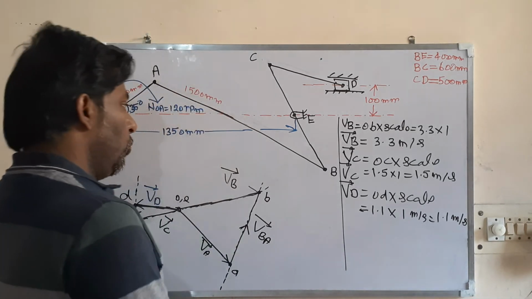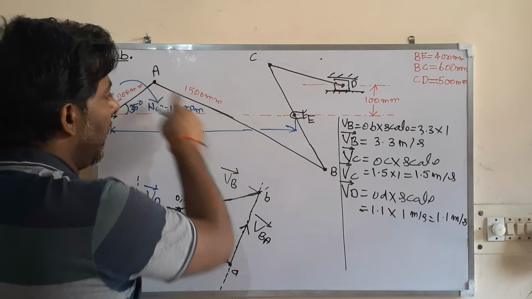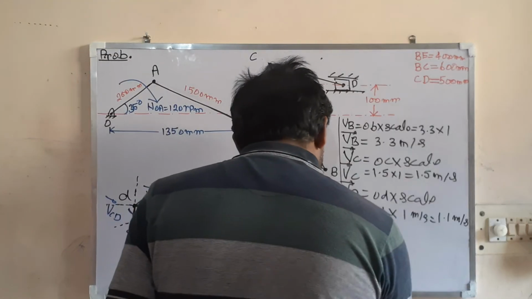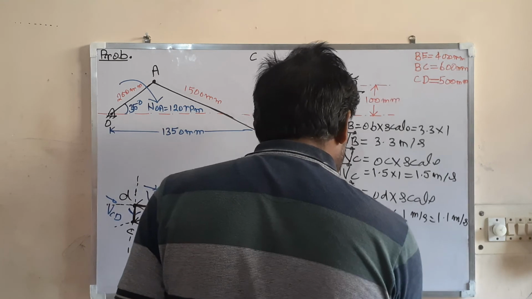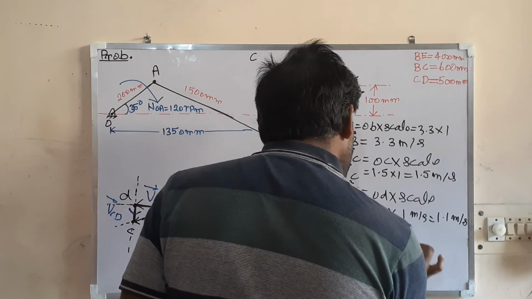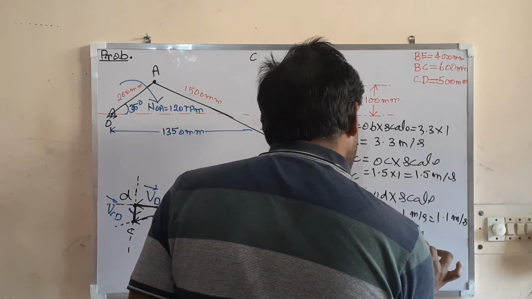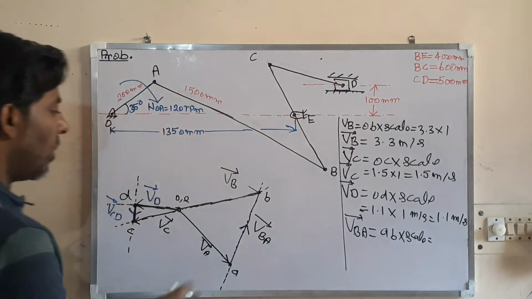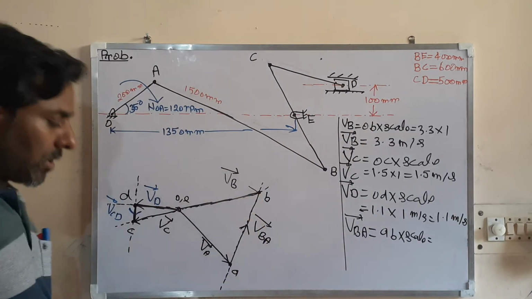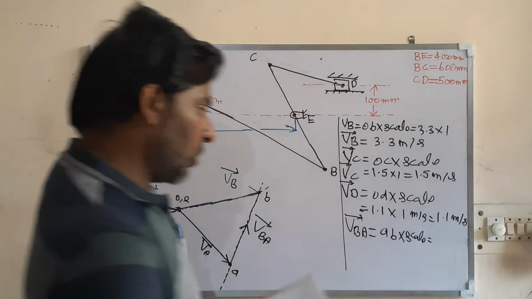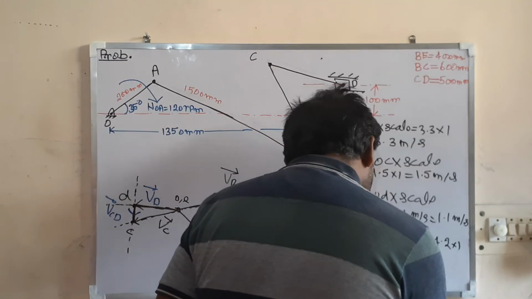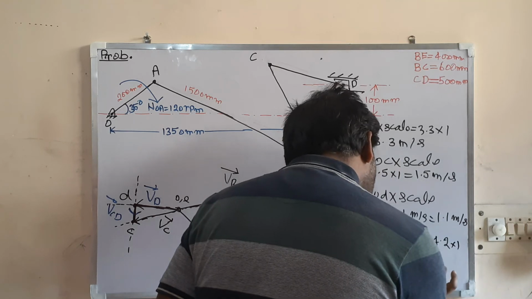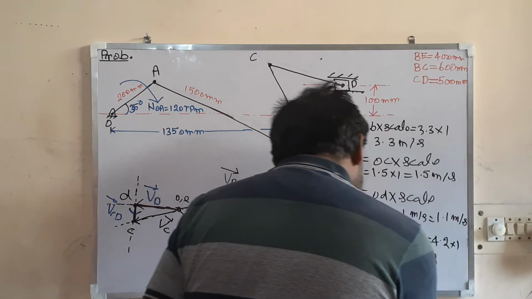Now you want angular velocity of link AB, so you find VAB or VBA. Velocity of point B with respect to A is equal to AB into scale. Just measure. I am getting AB is equal to 4.2 into 1, so 4.2 meter per second.